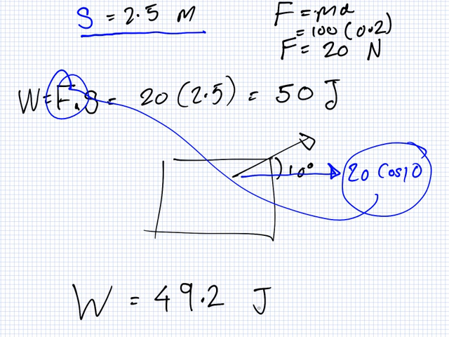So what's happening here, which is more about the next lesson, is that some of the energy she has is not all being used to move the block. So some of the energy is wasted. The block did 49.2 joules of work, but the woman probably did more than this.